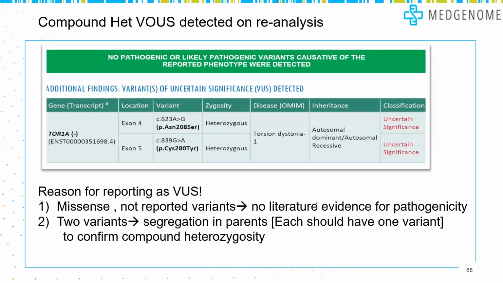So literature was lacking, and more so because there are 2 variants, we need to test the parents to know whether it is compound heterozygous or it is on the same allele. So this becomes important that once we do the parental testing, since we don't have the other siblings' DNA stored also, at least based on the parental testing we would reclassify it as likely pathogenic, if not pathogenic.